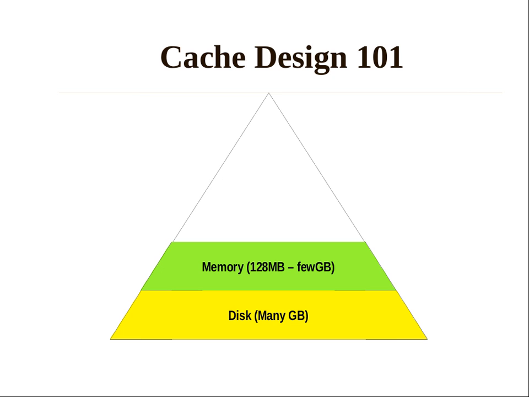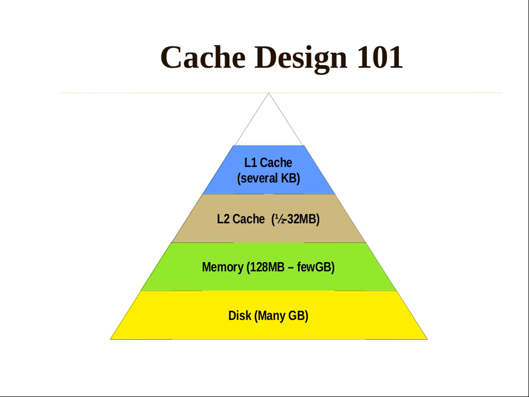Your memory, nowadays, probably a few gigabytes is usually what you have. Then you might start having your cache, 32 megs. I think I've started seeing them up to 64 or 128 as well. Your L1 cache is usually definitely in the kilobyte range size-wise.